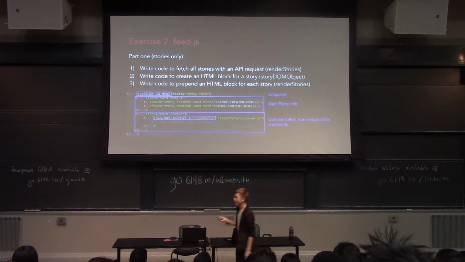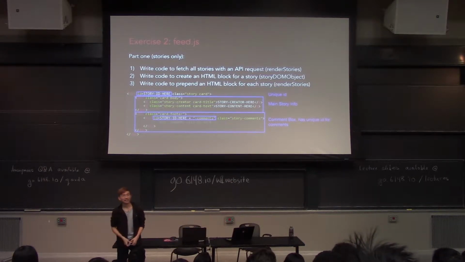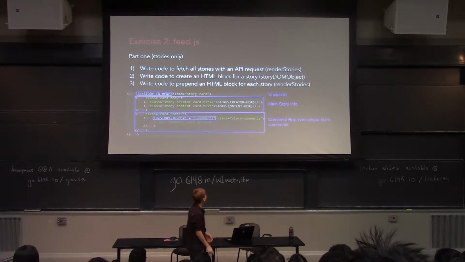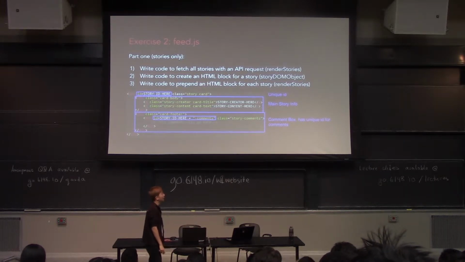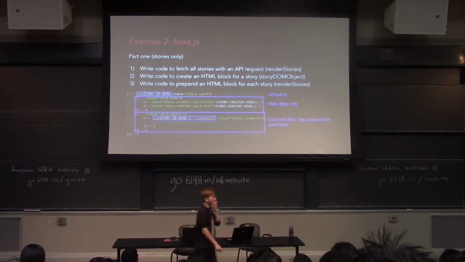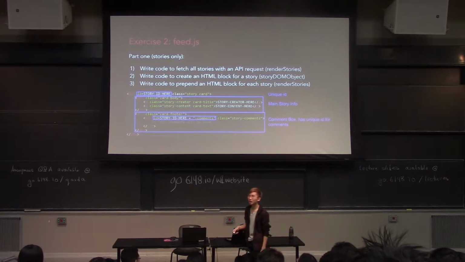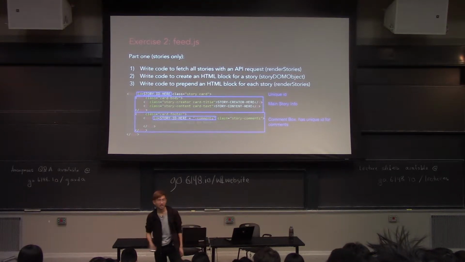Does that make sense? So let's just go ahead and get started on this. I will give you guys like 10 minutes to get started, and afterwards, I'll go over the code with you. Oh yeah, one other thing. At the top of feed.js, I provided to you a constant variable, which is the start of the endpoint that you will use, so please use that variable.